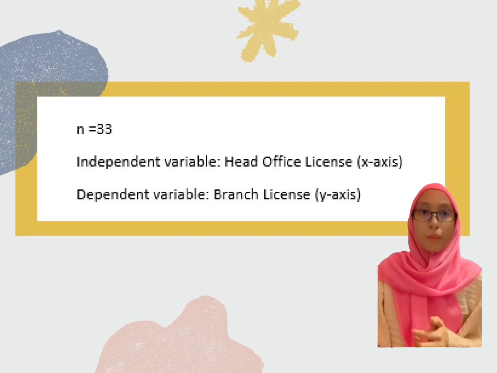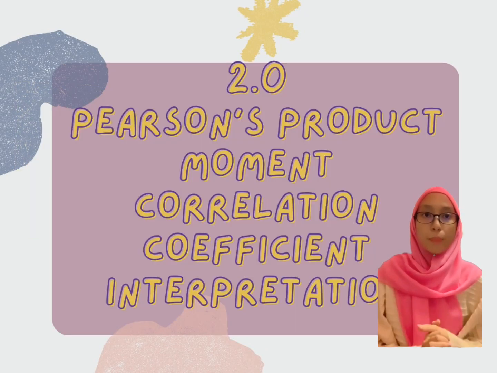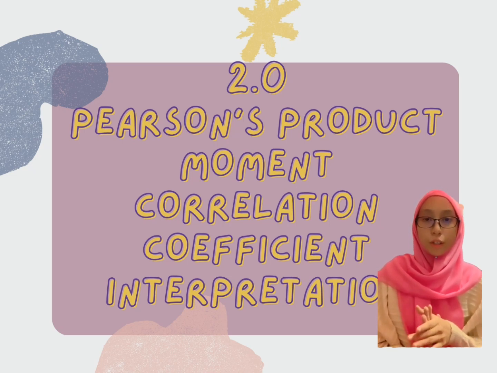The first thing I want to explain is the part which involves Pearson correlation. Before that, I want to explain the definition of Pearson. Correlation is known as the Pearson, a statistical test which measures the strength between the dependent variable and the independent variable, their relationship.